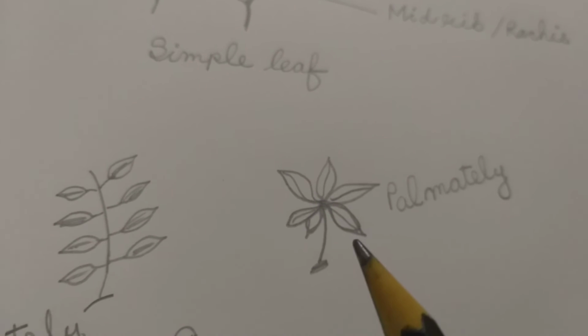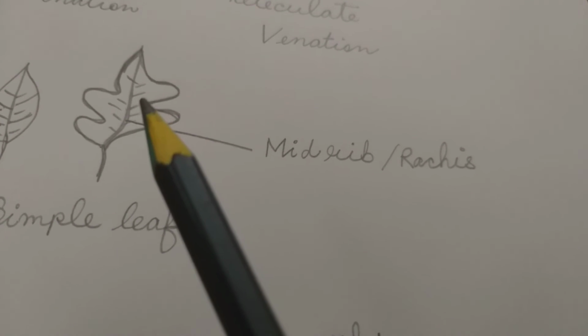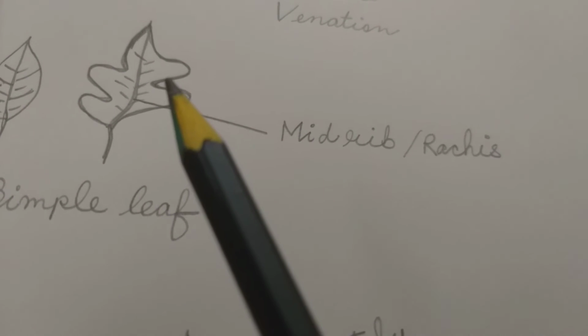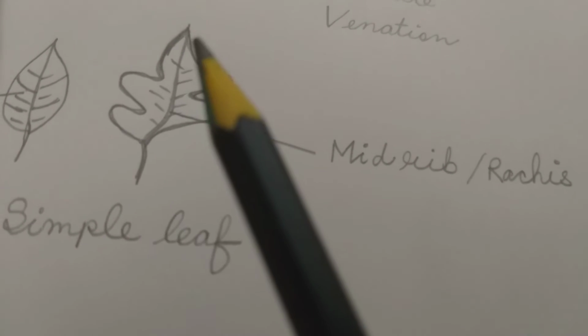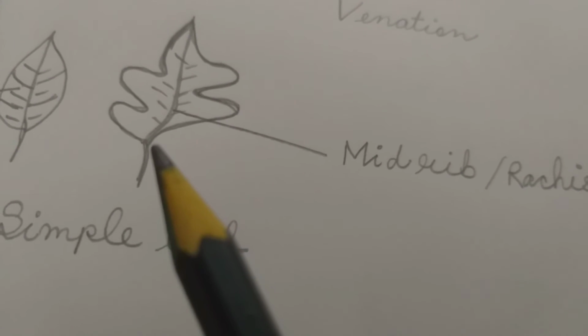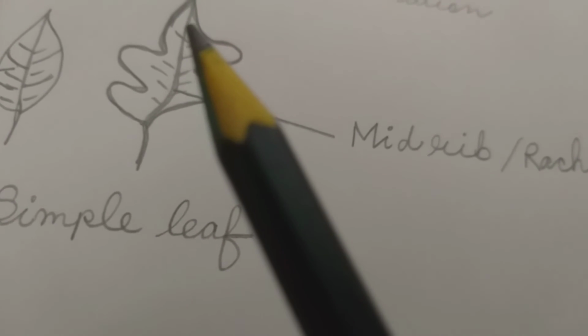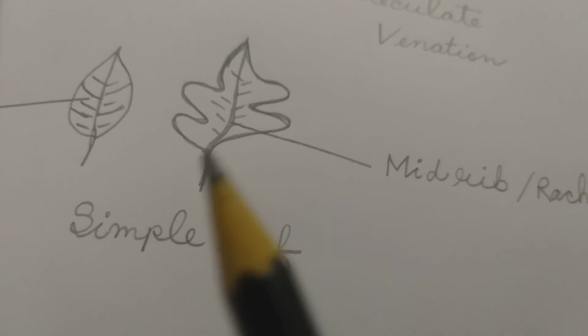Now compound leaf. When a leaf is incised and the incisions touch the midrib, the lamina of the leaf is cut into several segments, forming a number of small leaflets.